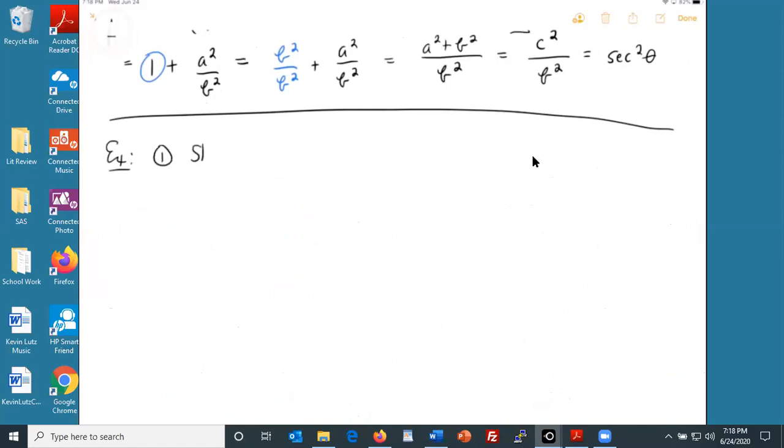All right, we want to show that the cosine squared of theta times 1 plus tangent squared of theta equals 1 by making some substitutions.